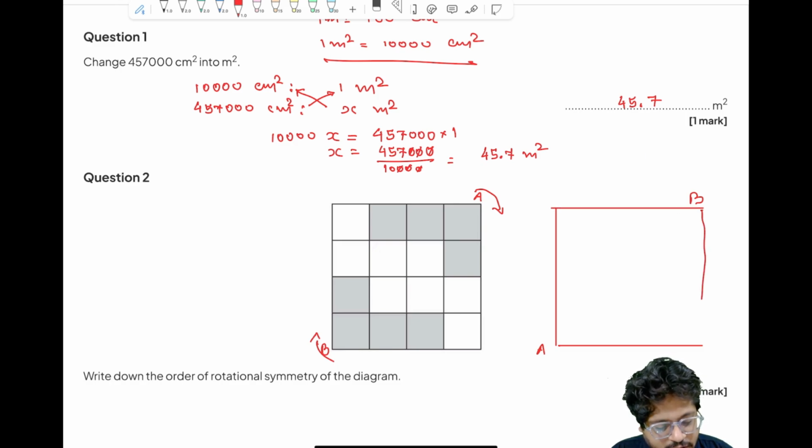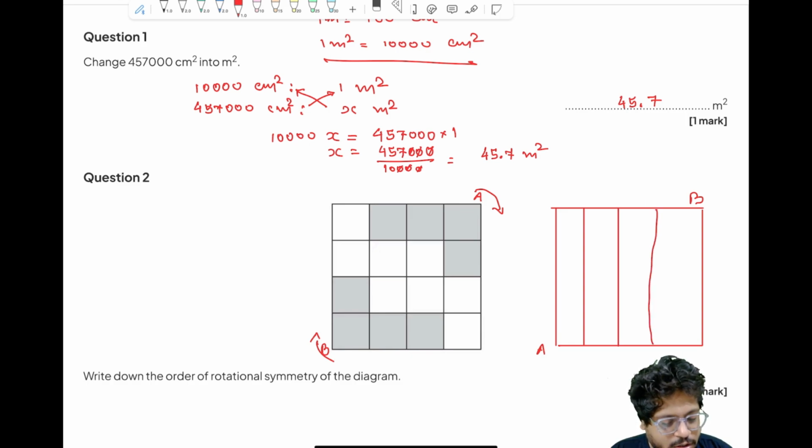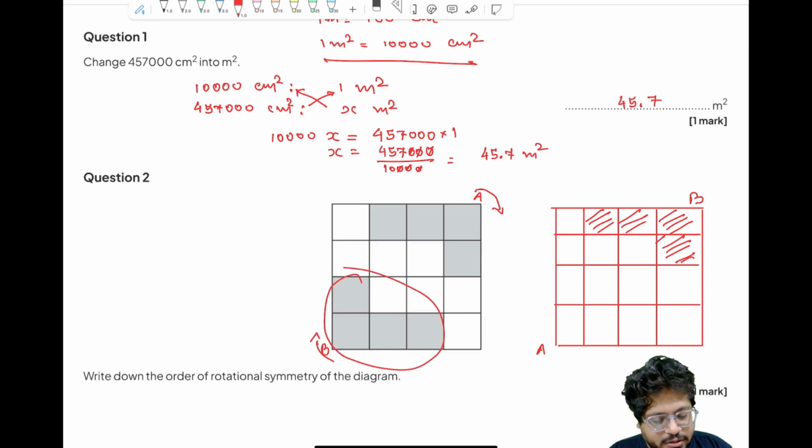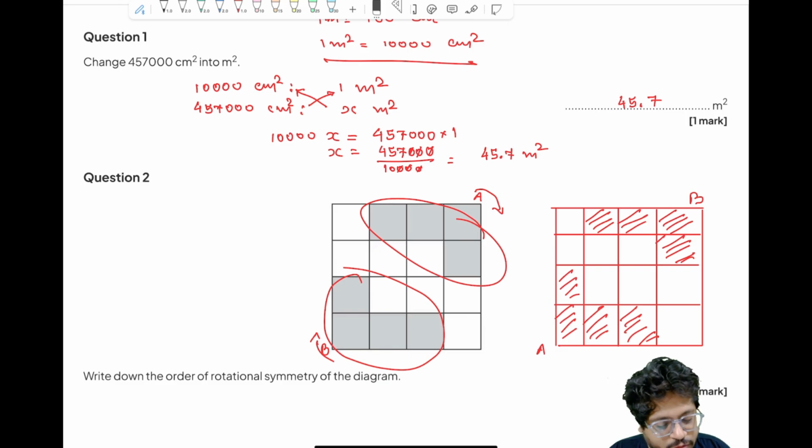Exactly the same, because A and B corners are exactly equal to each other. There are 4 columns and 4 rows, 4 by 4. I'm sorry if it is not exactly equal to the diagram, because it is not drawn to scale. This B part and this A part will be here shaded. So you see this figure is exactly equal to the original figure.